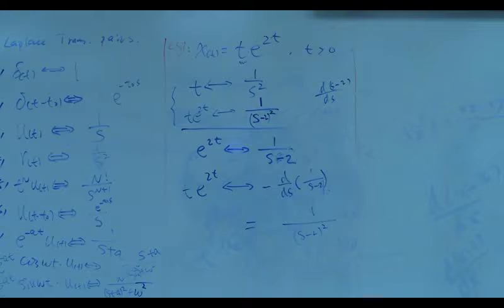Any questions on this? We do not want to use the definition to do this because that's not easy. So we need to practice with all the pairs and the properties. That's the only way to do this easier, except some special cases.